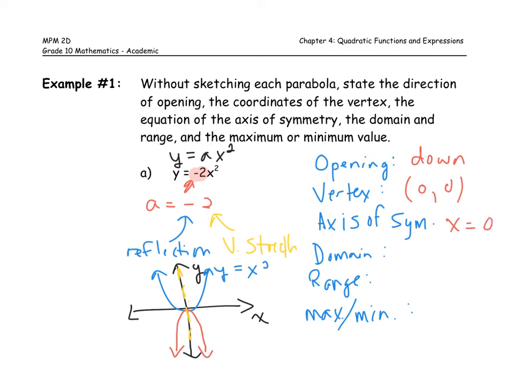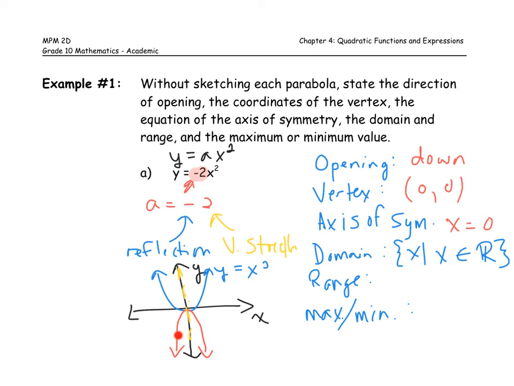My domain is going to be the same as the domain for y equals x squared, which is that my graph is going to continue to go wider and wider on both the negative and positive x side. So I can say that x is such that x belongs to the set of real numbers. My range, however, is a little different because I've reflected it.